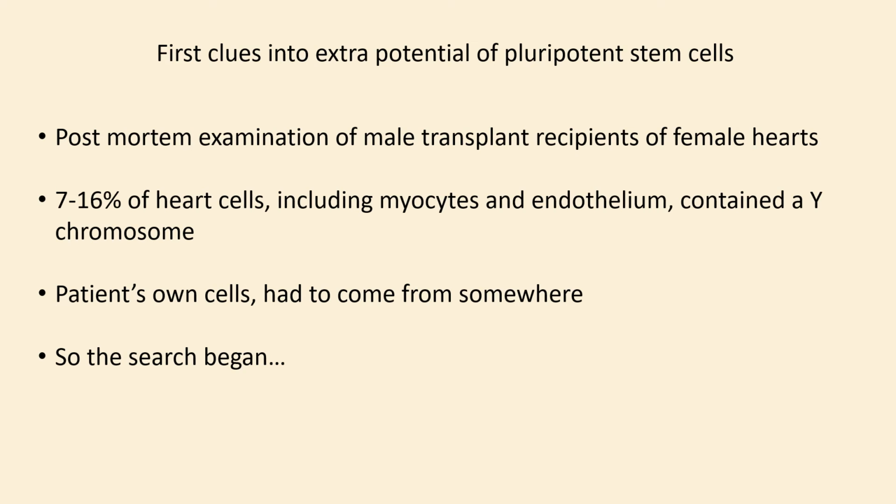And when he died, his donated heart was karyotyped. So many of the cells in that heart were examined to determine which chromosomes were present. That's what a karyotype is. And for 7 to 16, depending on the patient, here's the range, 7 to 16% of those heart cells contained a Y chromosome. These men all received hearts that were donated by females.